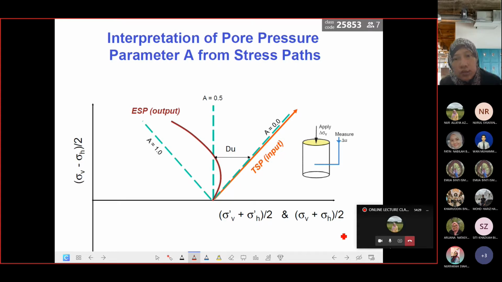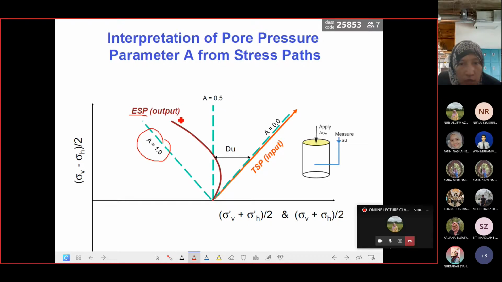Okay, the interpretation of pore pressure parameter A from the stress path. If we want to define what A is, in this case let's assume, for example, you have a fully saturated soil with B equal to 1. If you have the total stress path as your input, we will see the parameter A equal to 0. And after shearing, when it is in the effective condition, you will have the parameter A equal to 1.0.